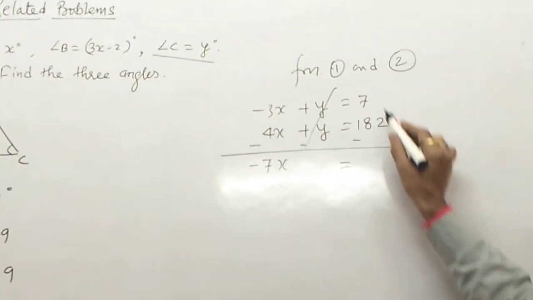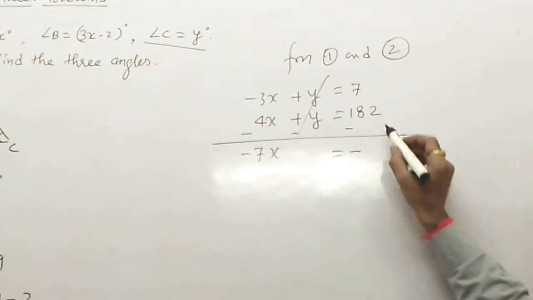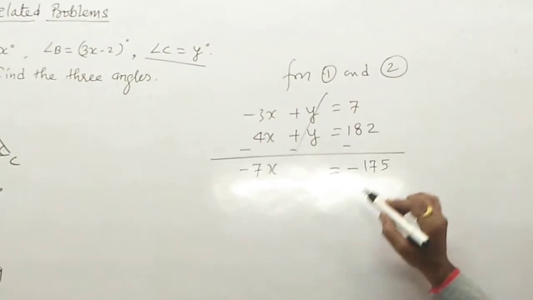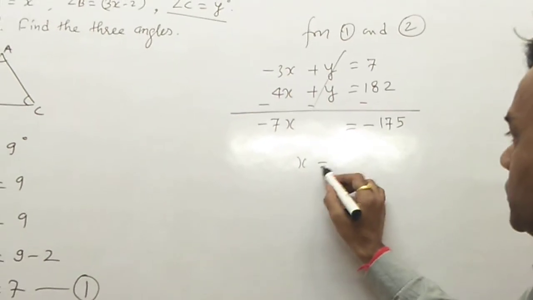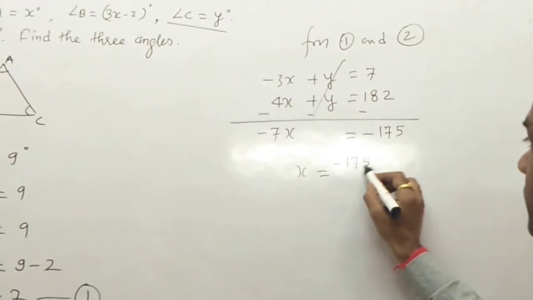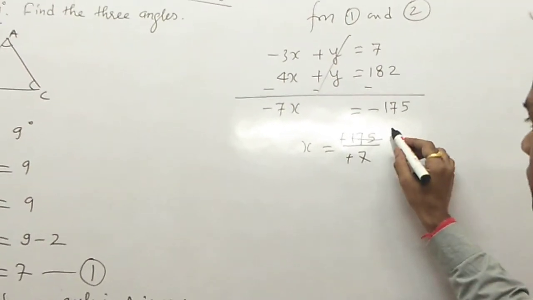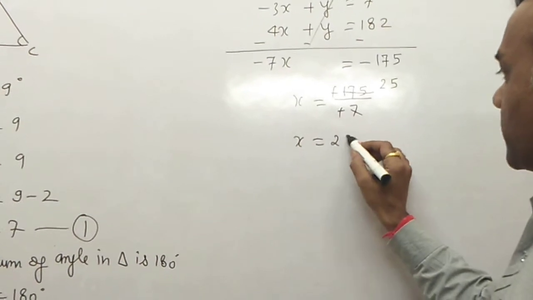And now here 182 minus 7, so you get the minus answer because your negative number is greater. And then now you have 175. Okay, 175 plus 7 is 182. So x equal to minus 175 upon minus 7, minus minus cancel out. 7 2s are 14 and 7 5s are 35. So x equal to 25.